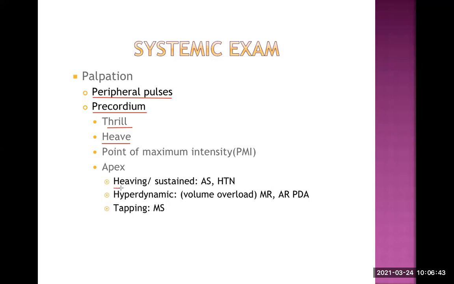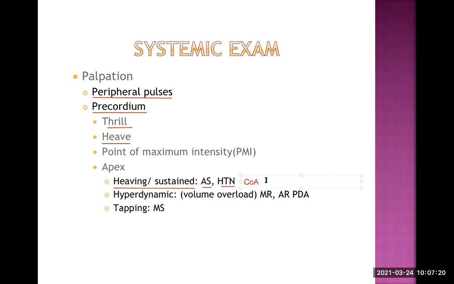A heaving or sustained type of apex is seen in aortic stenosis, hypertension, and I want to add one more thing here, coarctation of the aorta, COA. It also results in a sustained or heaving type of apex. If I put my finger there, my fingers are elevated by this strong apex, and it remains there for a moment, and only then goes down. This is known as heaving or sustained apex.